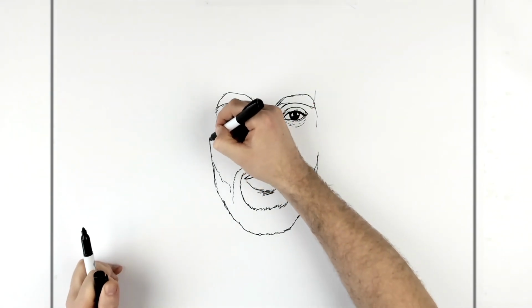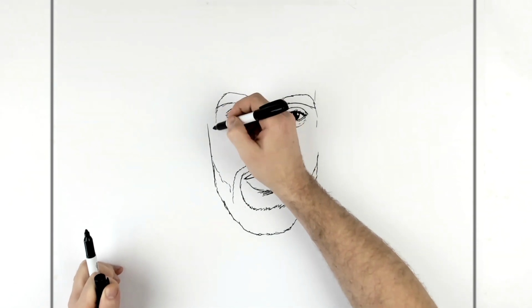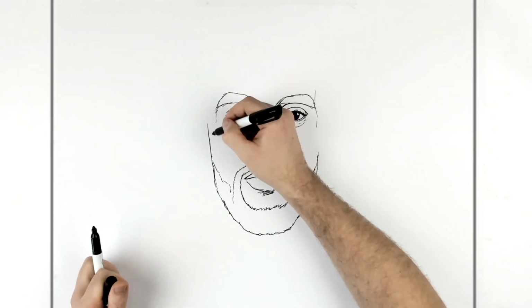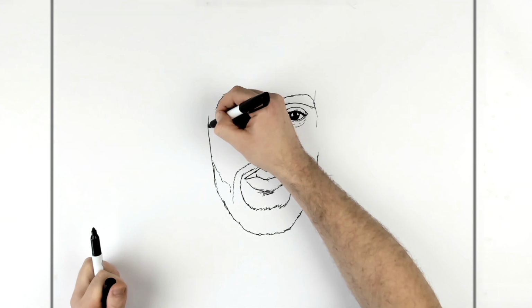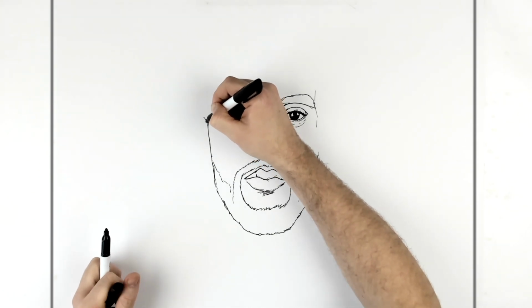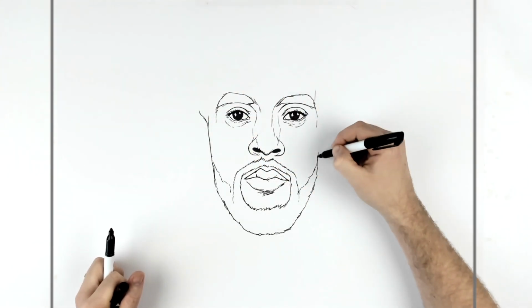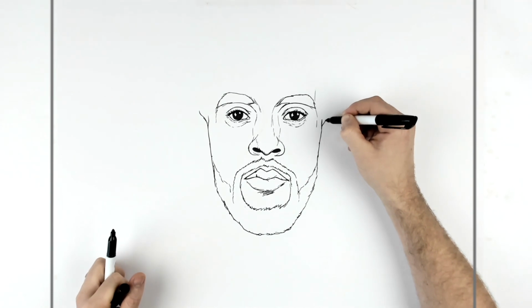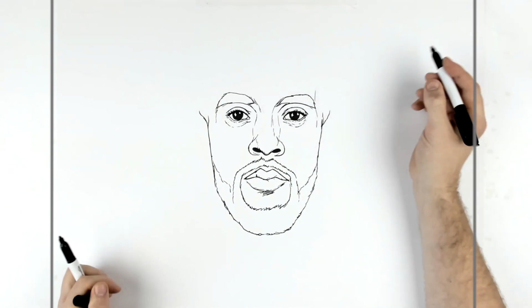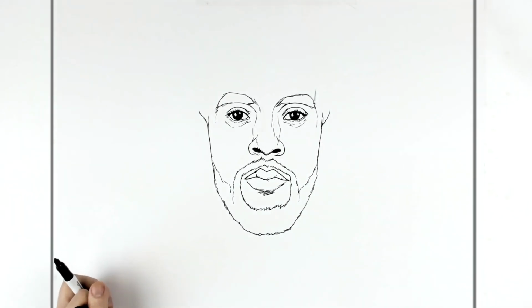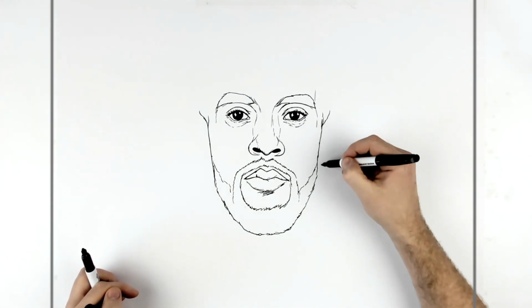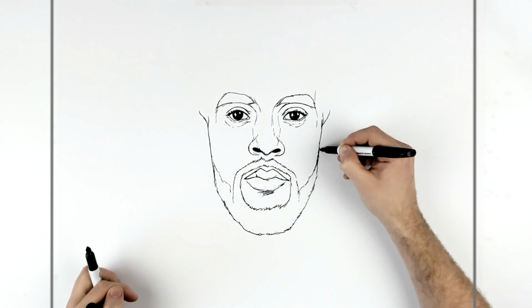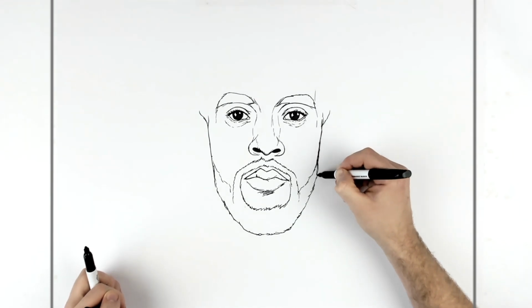And then we go up. And we meet his sideburn here, which like goes over his ear a little bit. So side of his face, and then sideburn. This is like beard, side of his face.